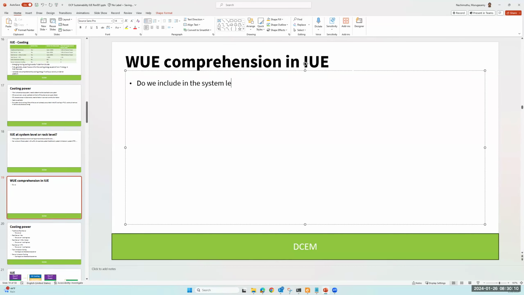Is that at system level, or only rack or DC level? I think similarly it needs to roll up from system all the way to the DC. But my understanding is WUE is at a data center level.